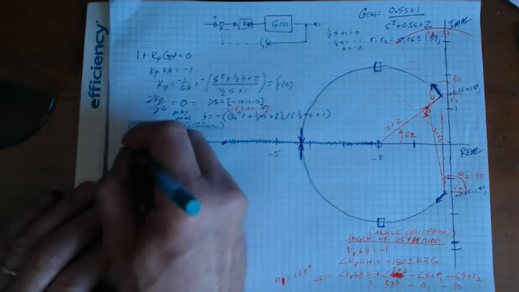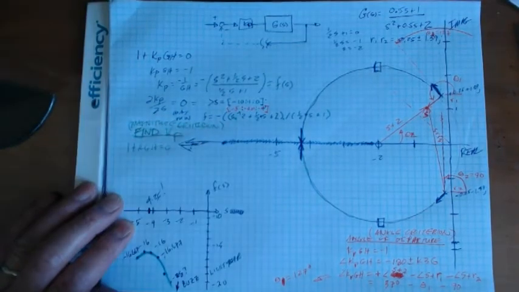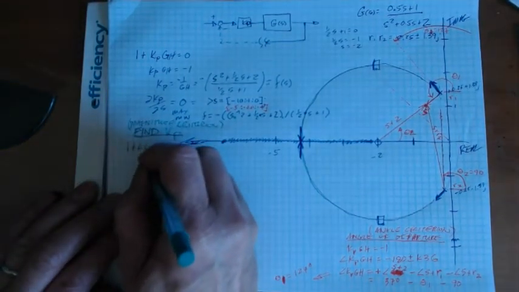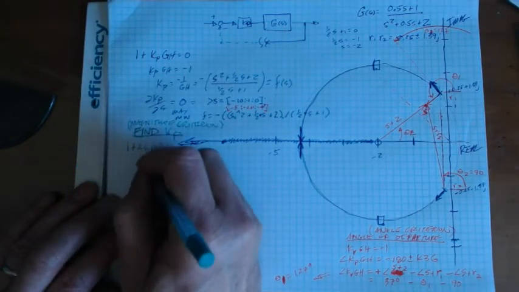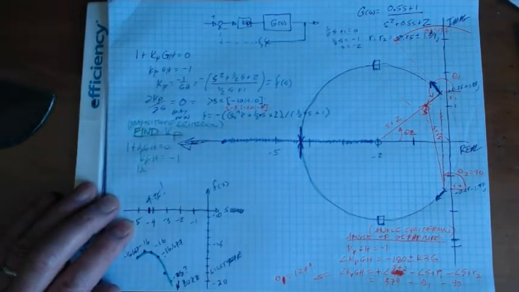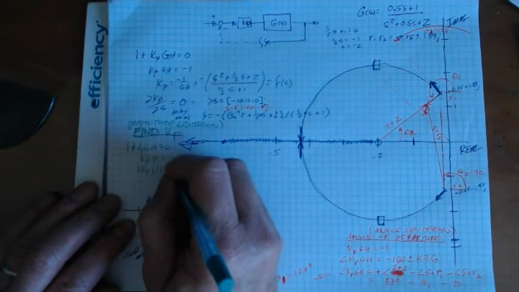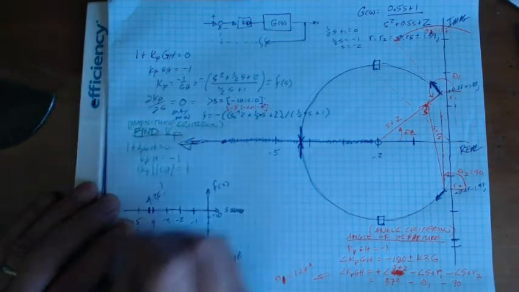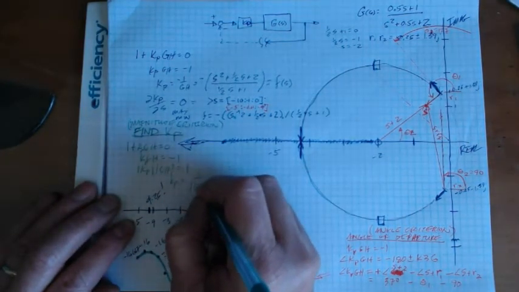And what we do with this one is we say 1 plus Kgh equals 0, so Kgh equals minus 1. The magnitude of Kp times the magnitude of Gh equals 1. And that means that Kp is equal to 1 over the magnitude of Gh.